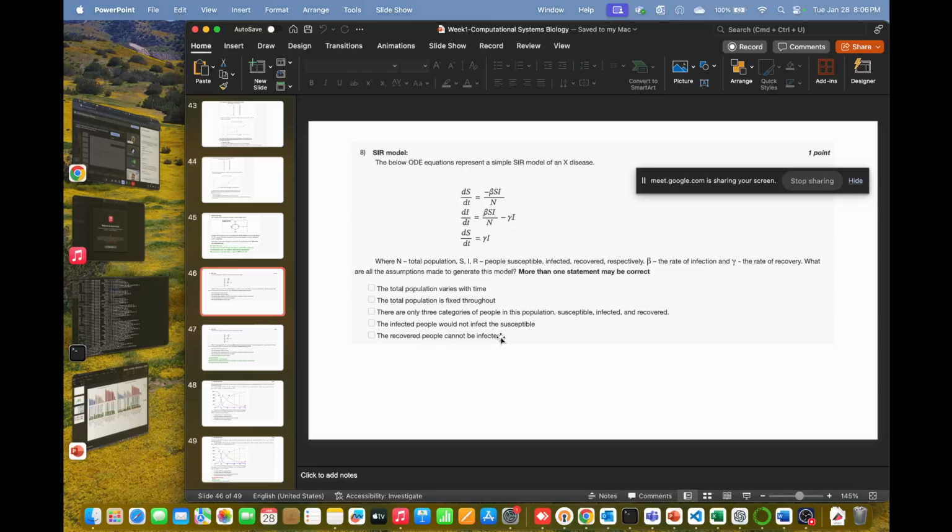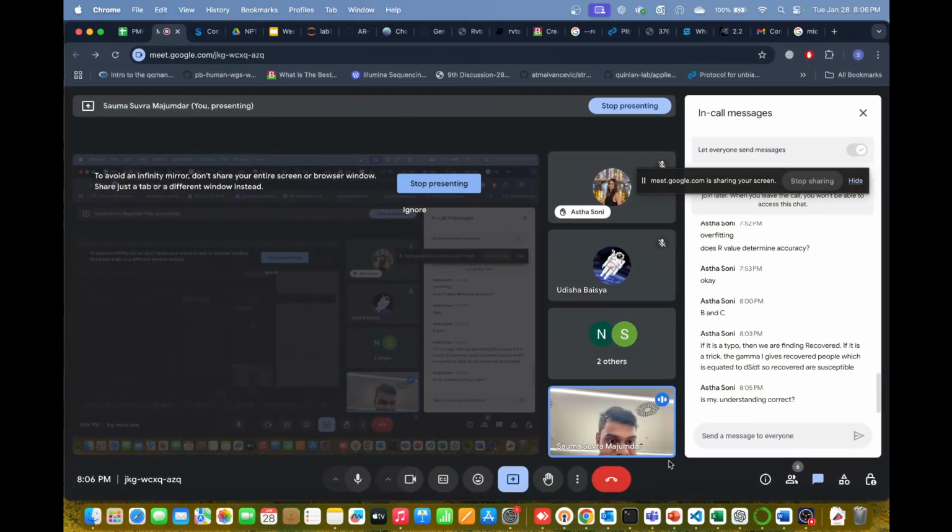That is why the recovered people cannot be infected. If it were dR/dt equal to gamma I, then I would say obviously the recovered people can be infected, because the number of recoveries depends on the number of infections that are present. So that would have been true. But here we are assuming this equation is correct.